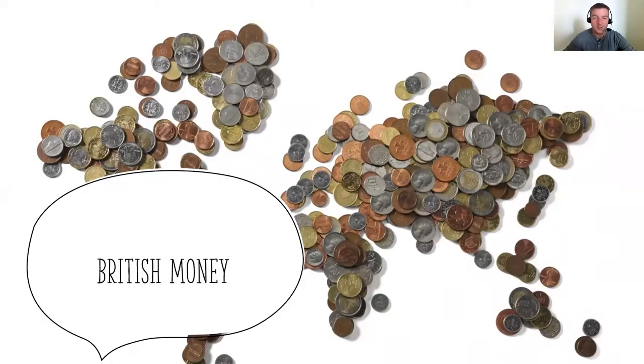So one of the problems that I think people have with British money is that although all the coins are a different size, it's sometimes difficult to know which one is which because, for example, on the 20 pence, there is not a big 20 written. On the 50 pence, there is not a big 50.